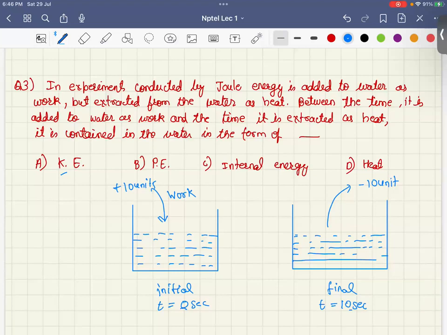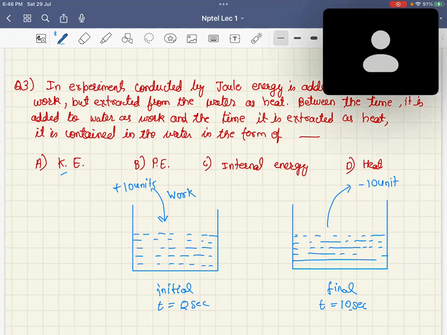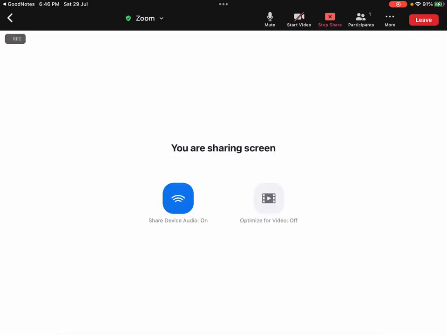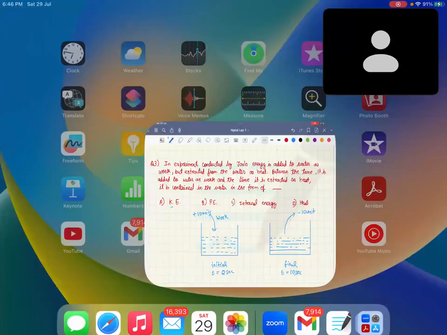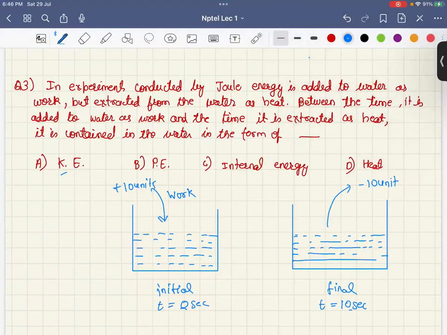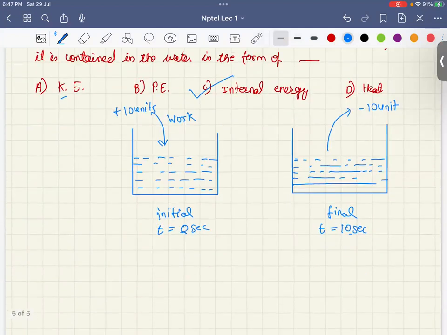Anybody has any answer? Nobody has answered. The correct answer is option C, right? It's going to remain in the form of internal energy.